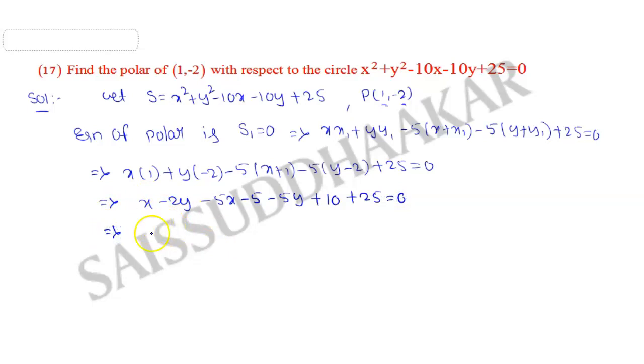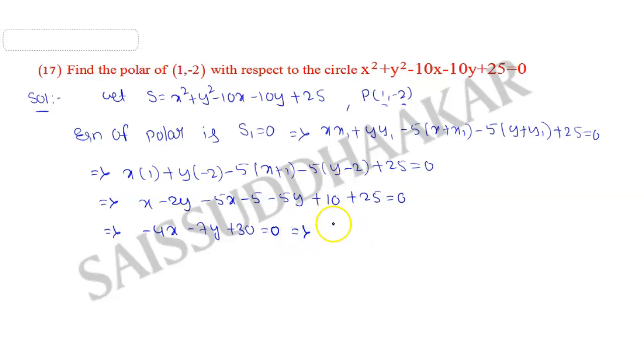Implies x minus 5x, that is nothing but minus 4x, minus 2y minus 5y, that is minus 7y, and minus 5 plus 10 plus 25, that is 35 minus 5, that is plus 30. So implies minus 4x minus 7y plus 30 is equal to 0.